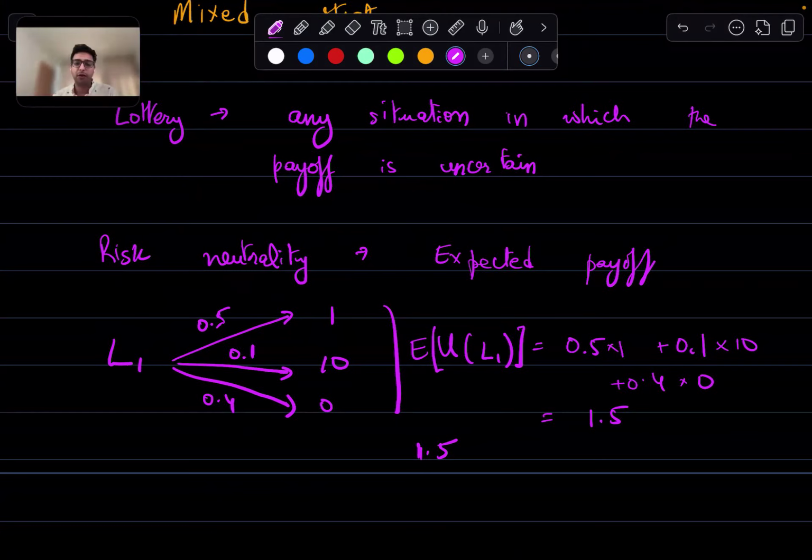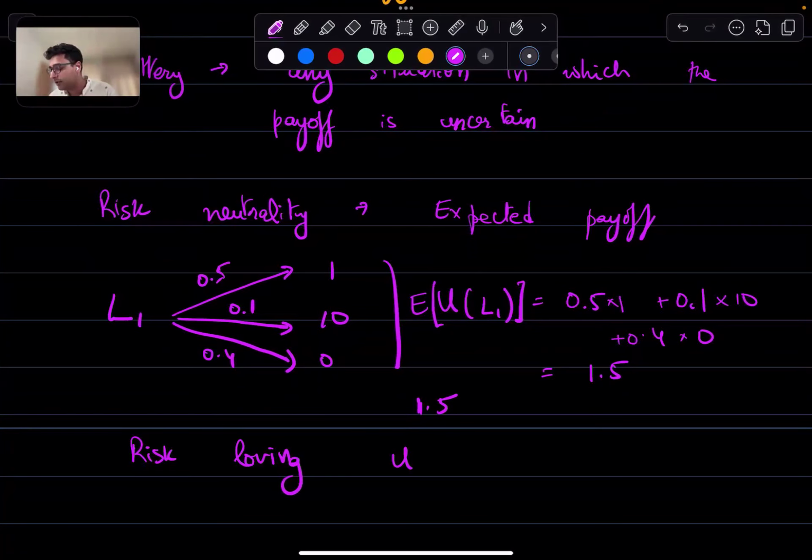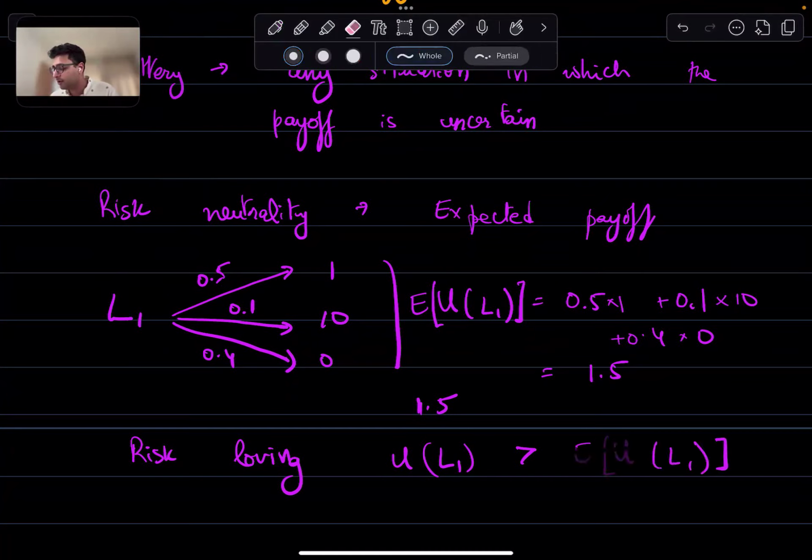People who play the lottery are risk loving. If you're risk loving, then your utility from L1 will be greater than the expected utility of 1.5.